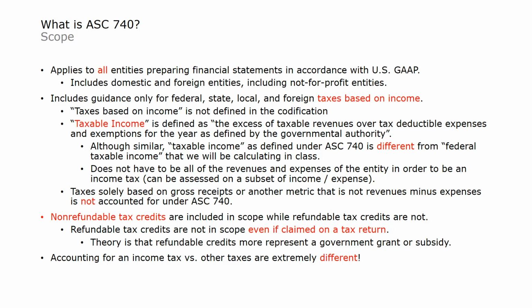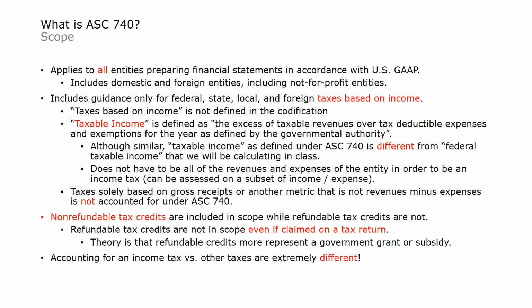If I'm a company and I pay millions and millions of dollars of tax and I have one tax that's not based on income and it comes out to $500, a lot of people will just throw that tax into the tax provision, usually because the tax director or the tax department is going to be the owner of that tax. If they include it in the income tax provision, it more easily reconciles to some of their schedules and some of the taxes that they are in charge of.